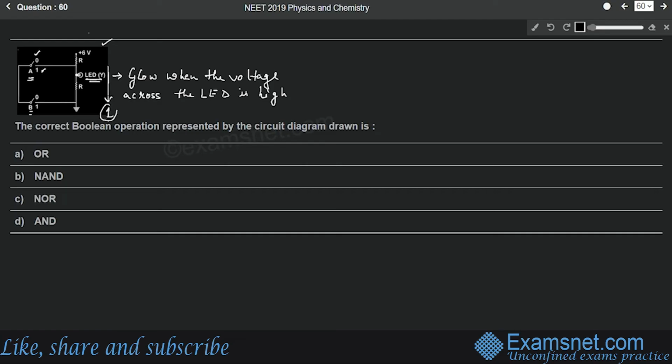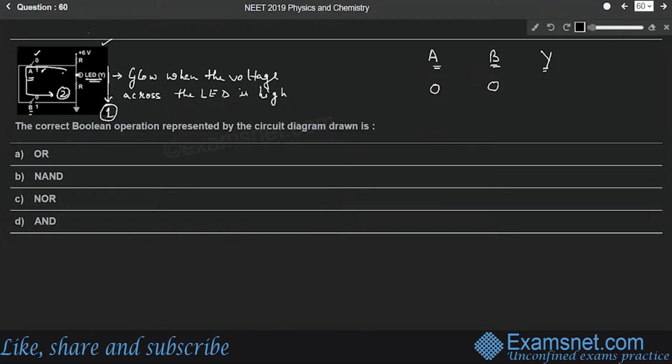So this is the first path through which the current can move, and the other path is through the switches, this path, path number 2. So let's see. We have inputs from A, inputs from B, and Y will give us the output. In the first condition, let's assume that both the switches are off. So in that condition, the input will be 0 for both.